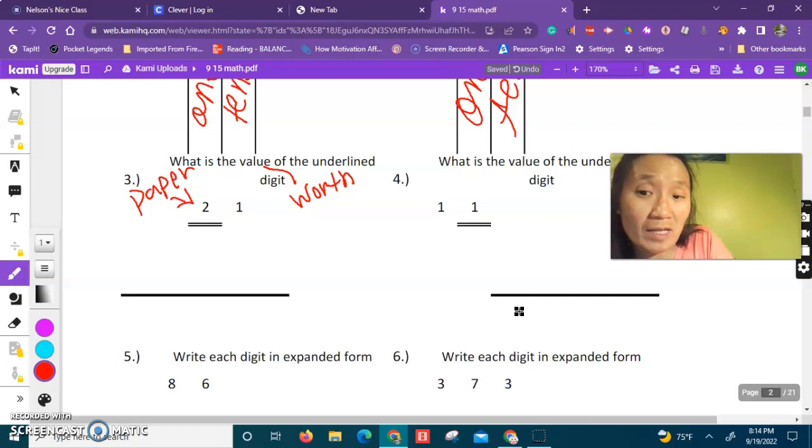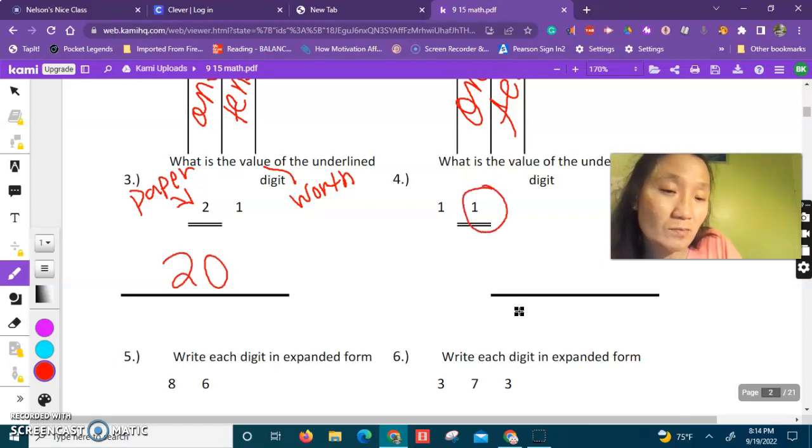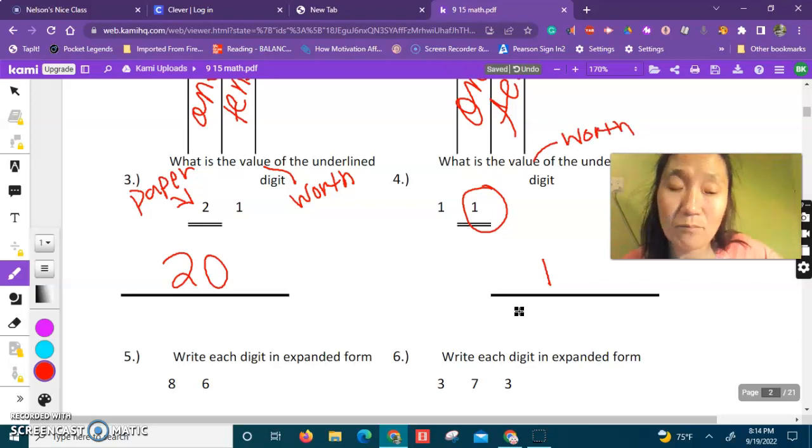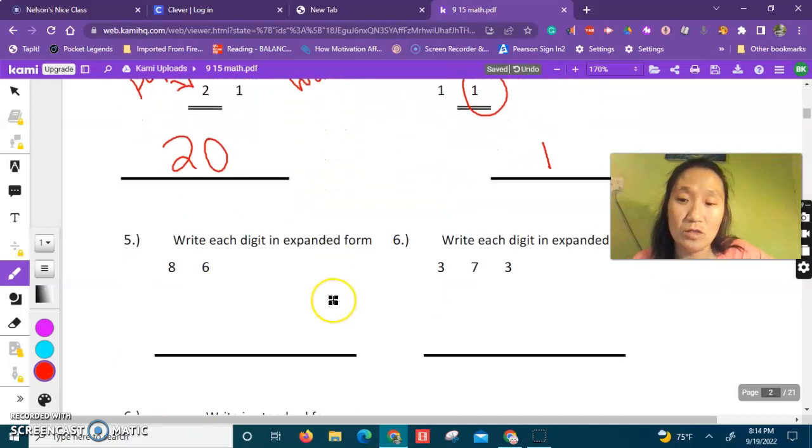Tens place, 2 times 10 is 20. This is in the ones place, so I have a $1 bill. How much do I have in my pocket? I have $1. Because it's sitting in a place, and because of that place, it has a value. All right.